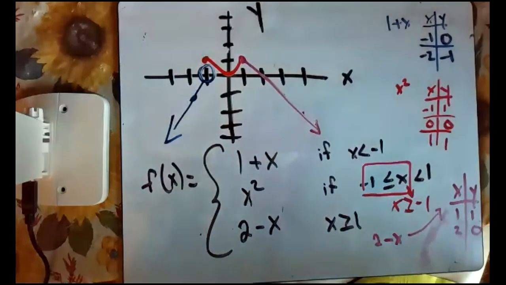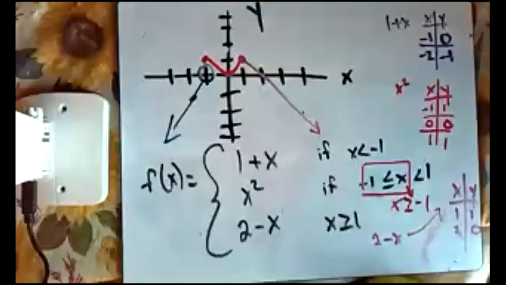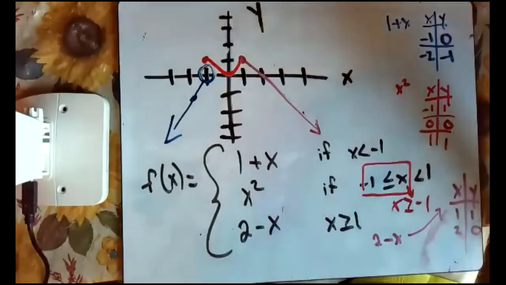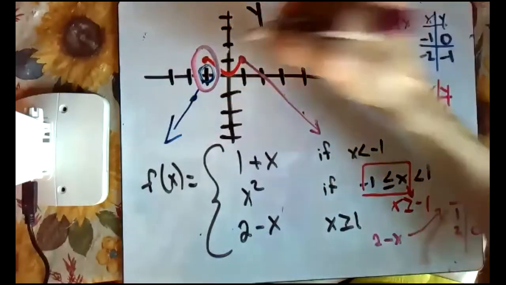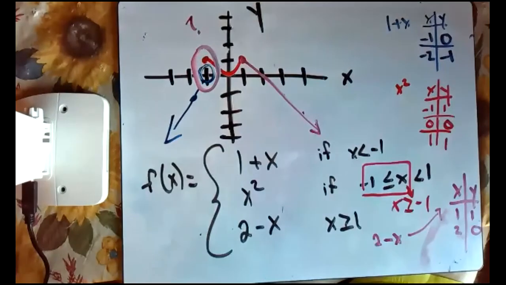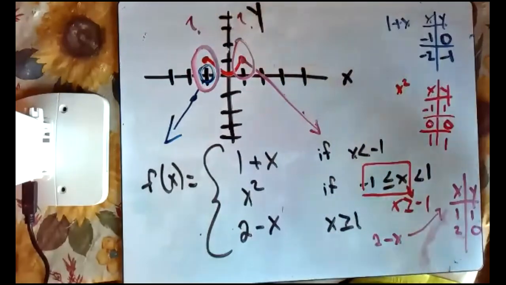Well, the only places where you'll have issues with that is where you have open or closed circles, like a mixture of those. So there's two possibilities, right? We have an instance right here, a spot where the limit may not exist, and also this is a spot where the limit may not exist.